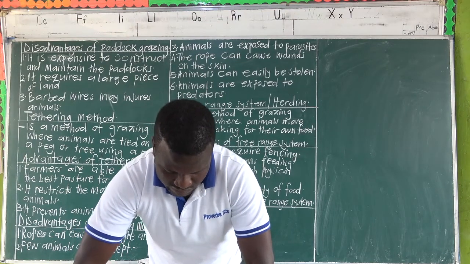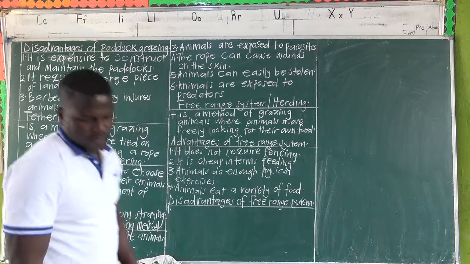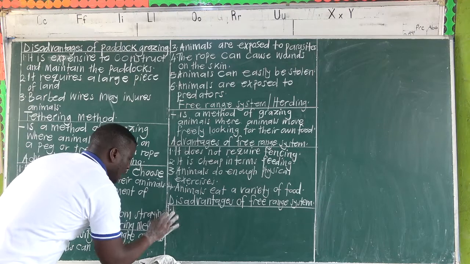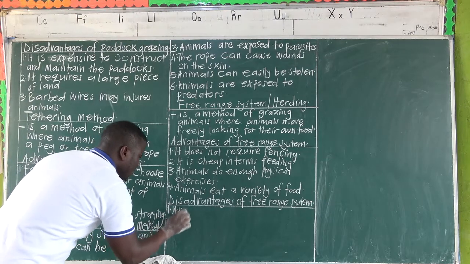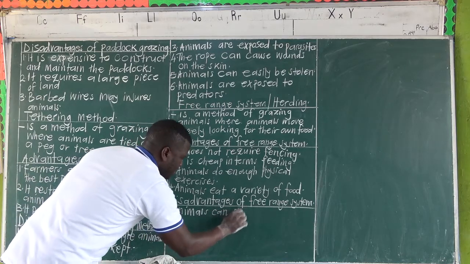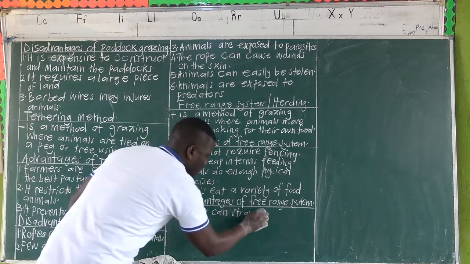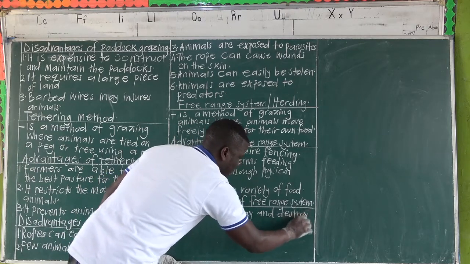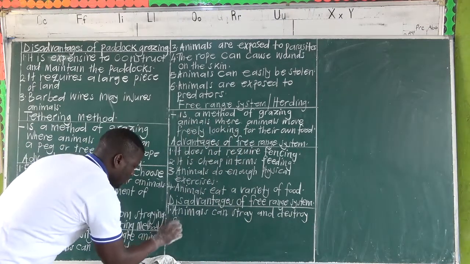Animals can stray and destroy crops. It promotes overgrazing. Animals can stray and destroy crops.